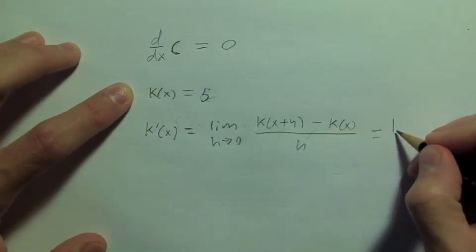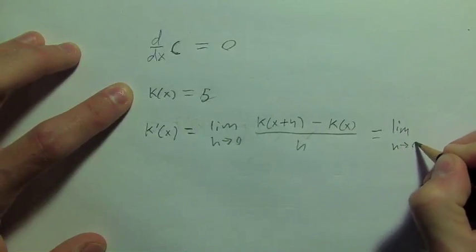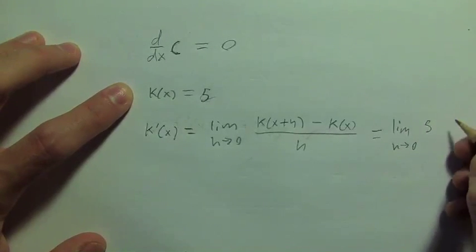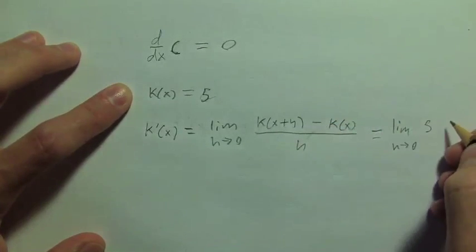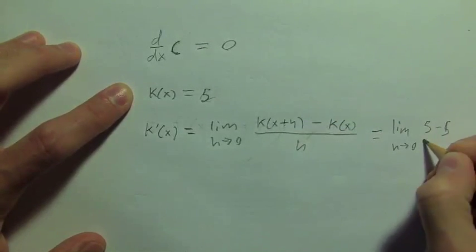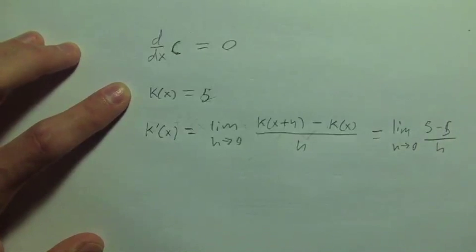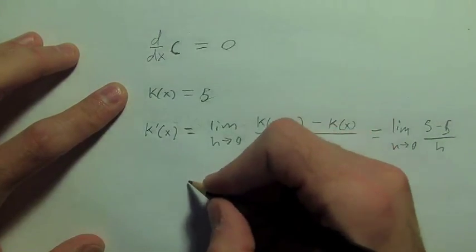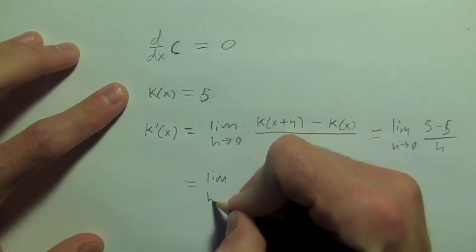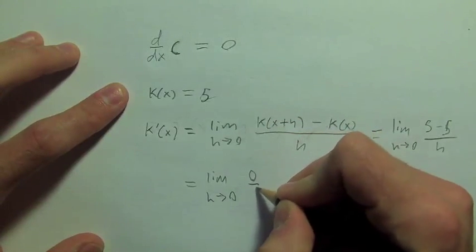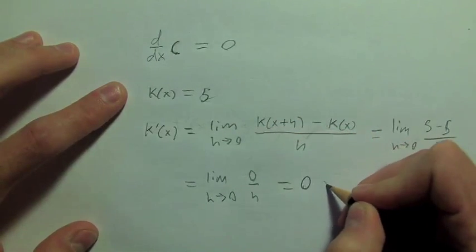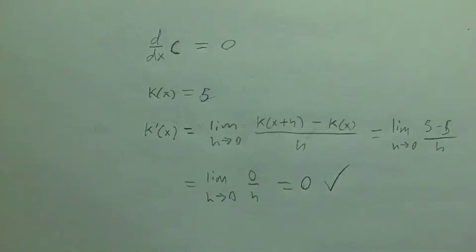So k of x plus h is going to be 5, and k of x is going to be 5. So I basically have 5 minus 5 over h. So this is the limit as h goes to 0 of 0 over h, and that's 0.